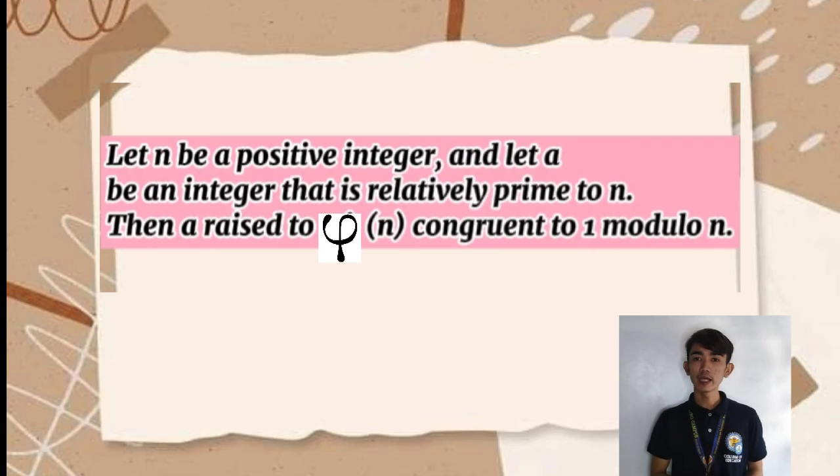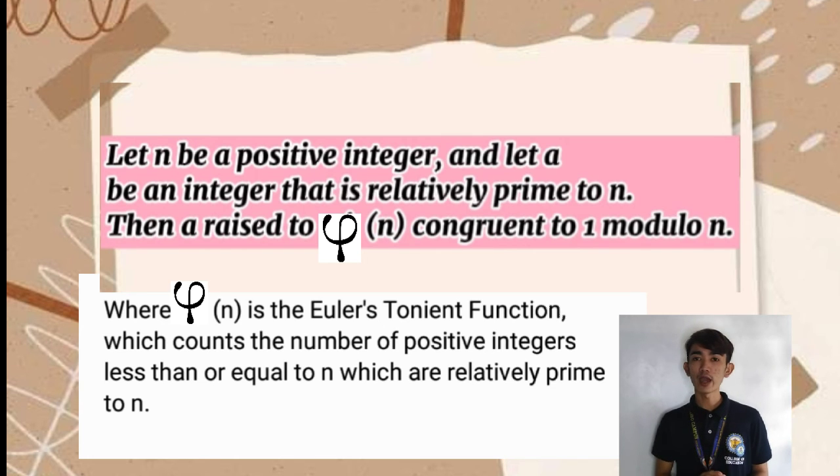Let's go back to Euler's theorem. Let n be a positive integer, and let a be an integer that is relatively prime to n. Then a raised to phi of n is congruent to 1 modulo n, where phi of n is Euler's totient function, which counts the number of positive integers less than or equal to n which are relatively prime to n.